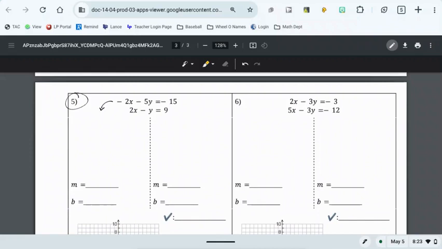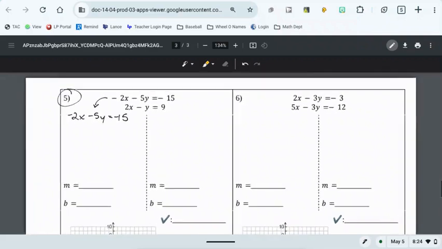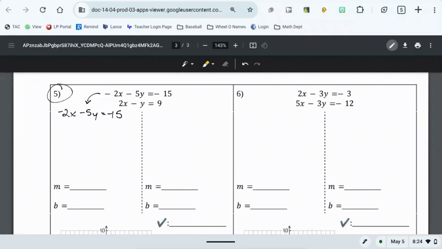So let's go ahead and start with this one. We have -2x minus 5y equals -15. In order to get y by itself, we're going to add 2x to both sides. We're left with negative 5y on the left and 2x minus 15 on the right, because we cannot add these together.